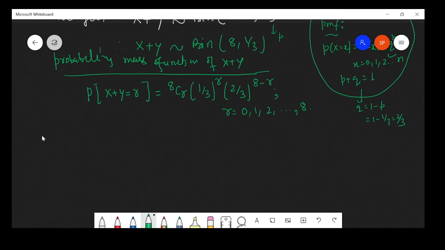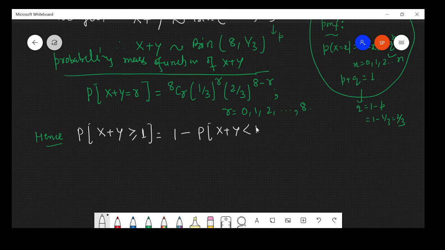Now we find the probability that X plus Y is greater than or equal to 1. We convert it to 1 minus the probability of X plus Y less than 1. X plus Y less than 1 means r is less than 1, which means r is 0. We can write directly X plus Y is equal to 0.